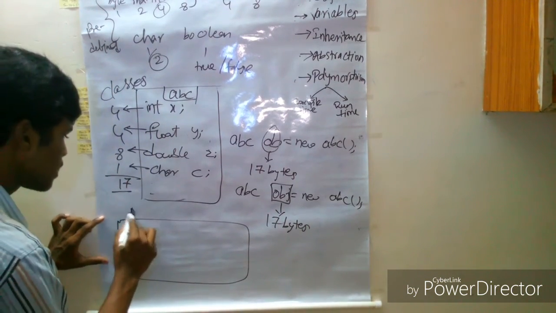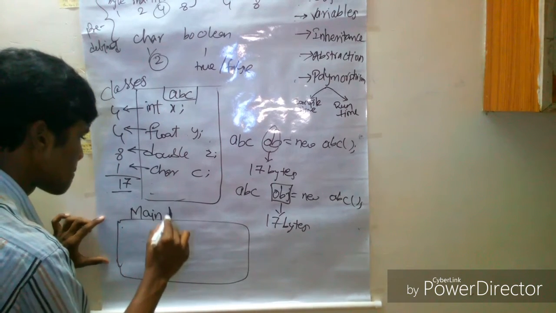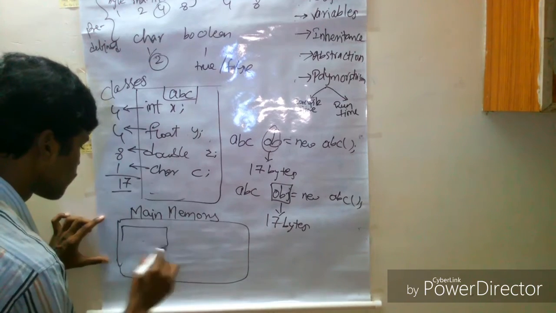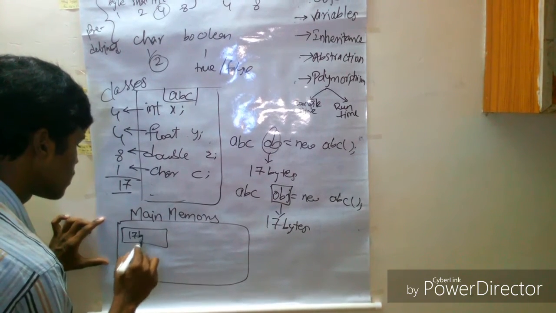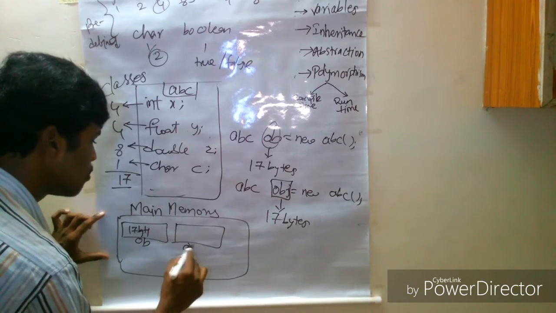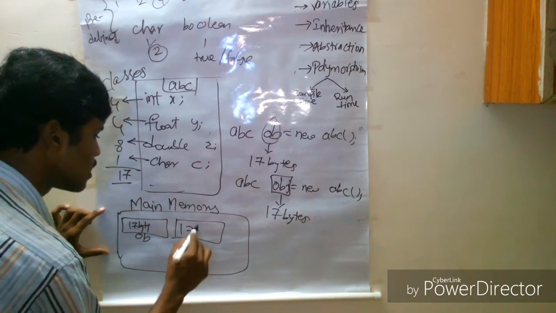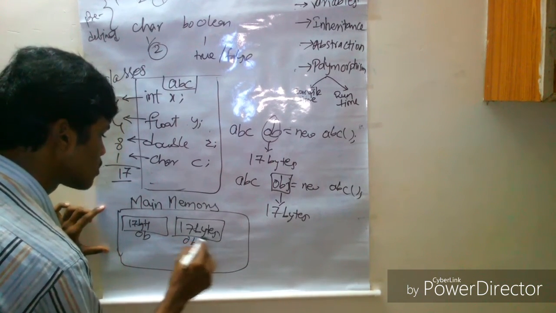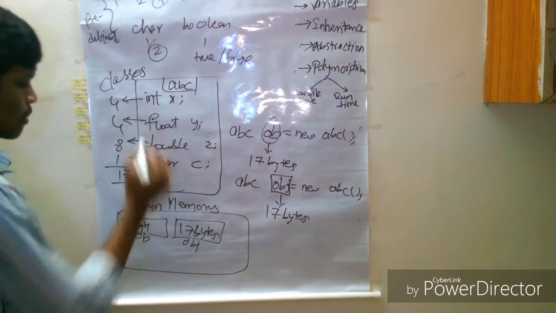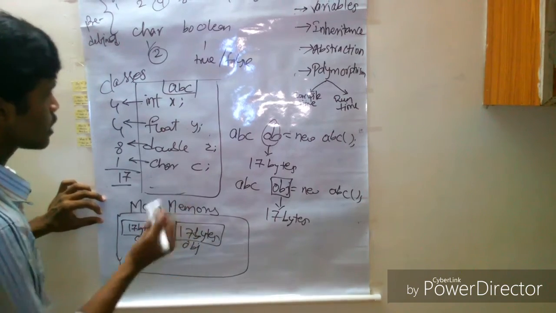If this is the main memory, we are going to have 17 bytes for ob, and again obj is going to occupy 17 bytes of space. Why is it going to occupy 17 bytes of space?